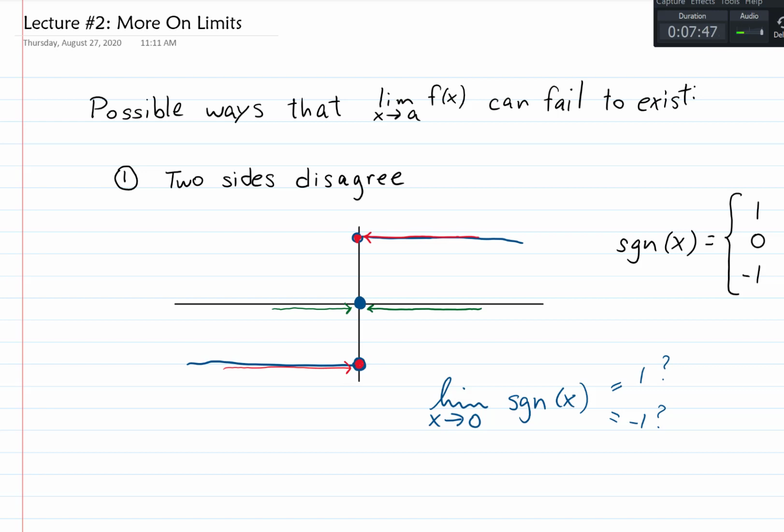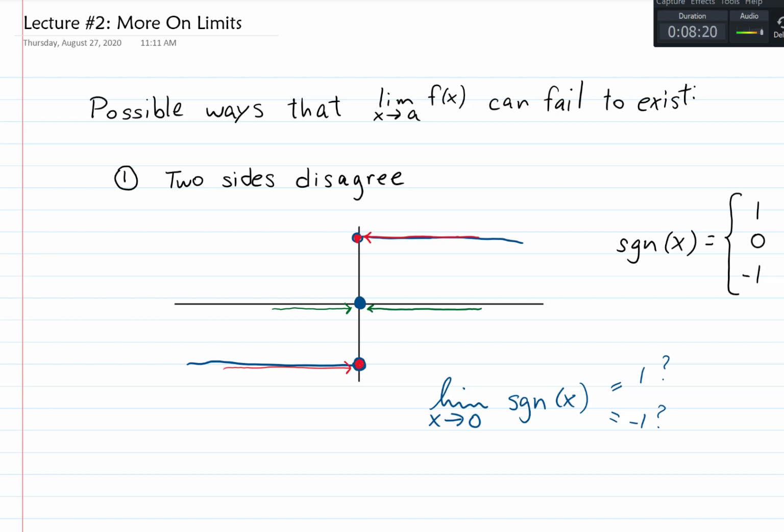So does the signum of x approach a number as x approaches 0? Did you hear what article I used? I used the article a. I said, does it approach a number? That's a singular word, isn't it? So in other words, I'm asking, is there a singular number that the sign of x approaches as x approaches 0?